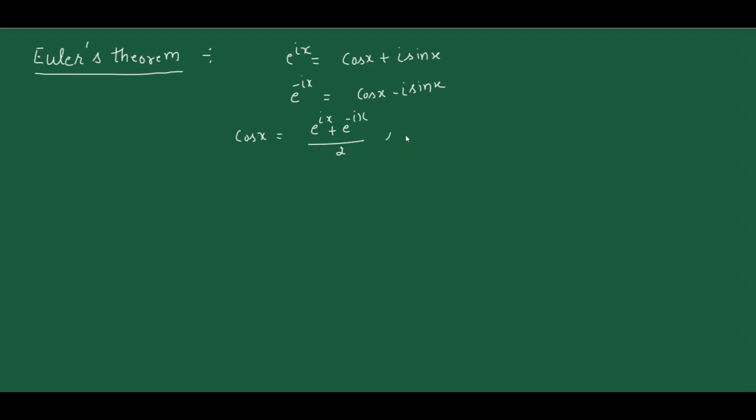Similarly, you can find the representation of sin x as e raised to power iota x minus e raised to power minus iota x by 2 iota. All these are the representation when x is real.